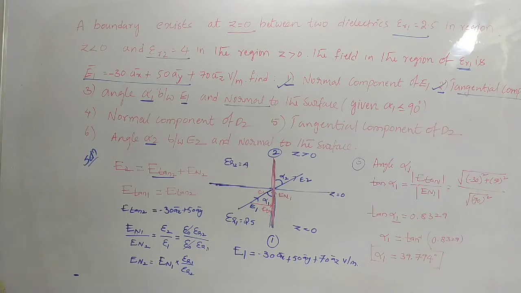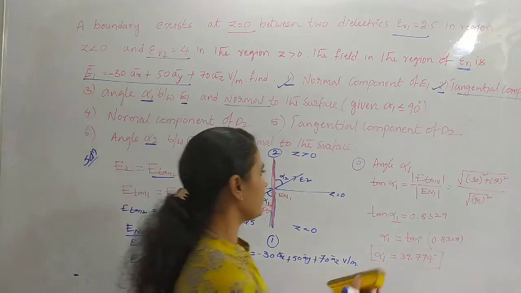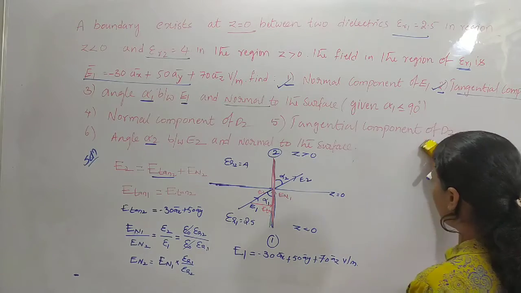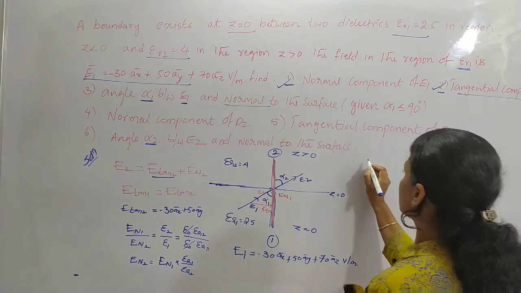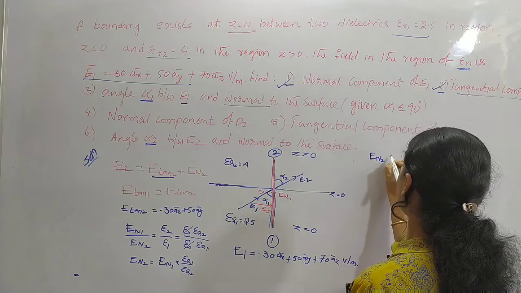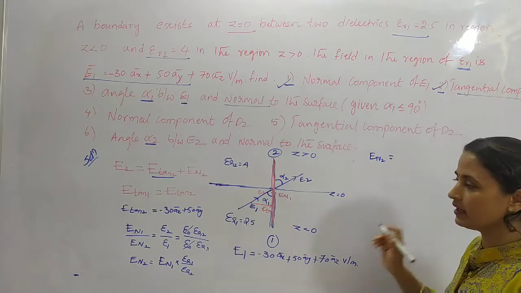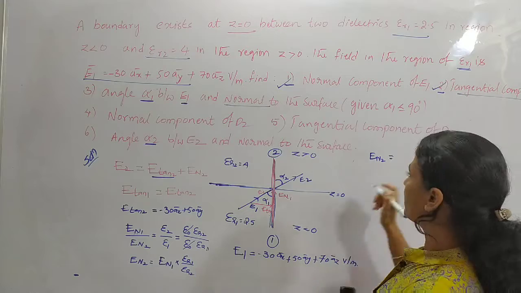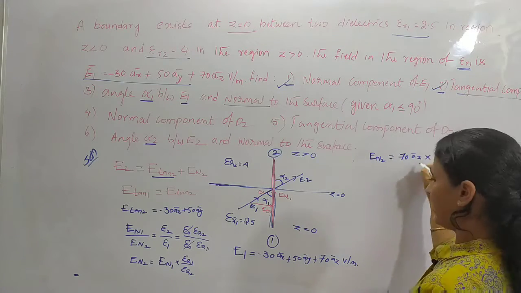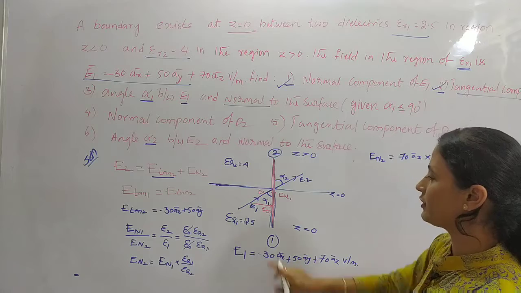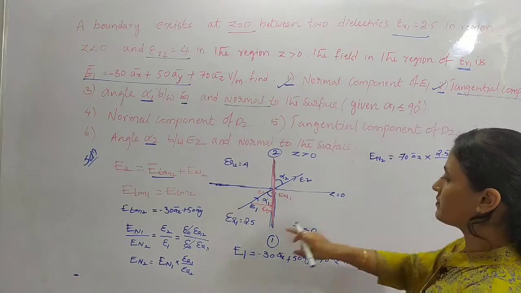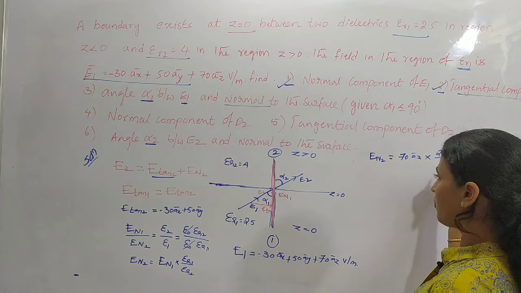What are we doing? We are trying to obtain the electric field in medium 2. The normal electric field component in the second medium is given by En1, which is 70 az, into epsilon r1 by epsilon r2. Epsilon r1 is 2.5 and epsilon r2 is 4.